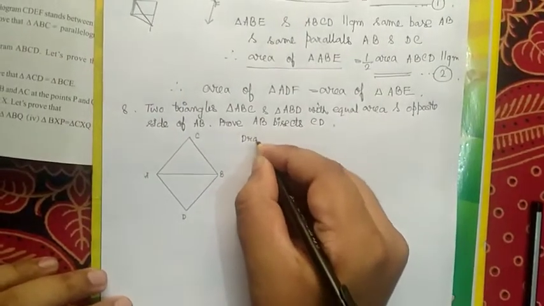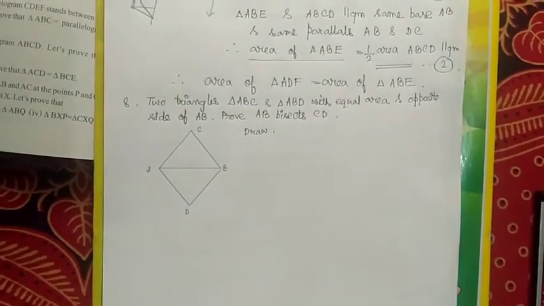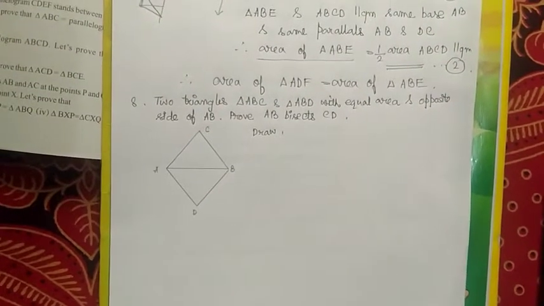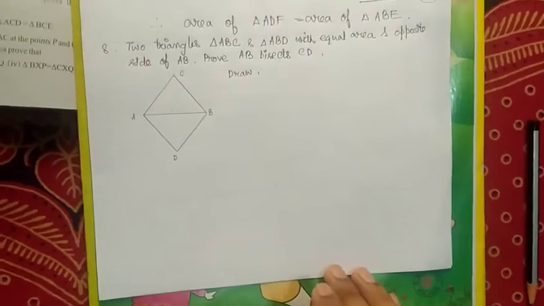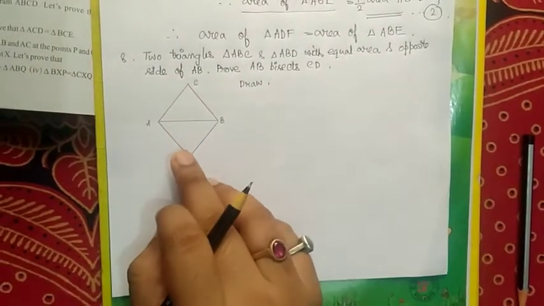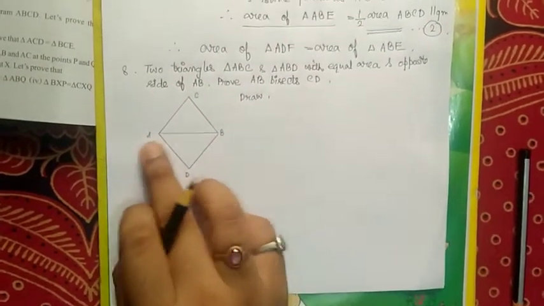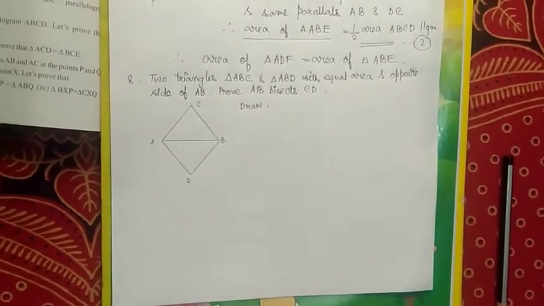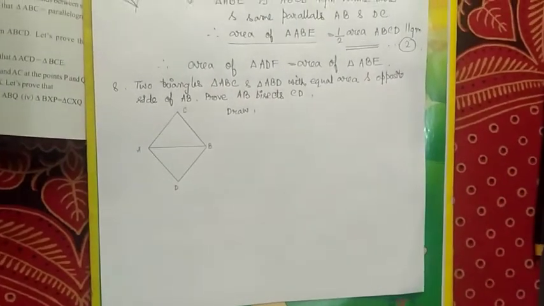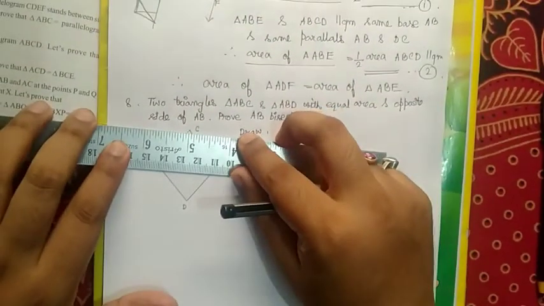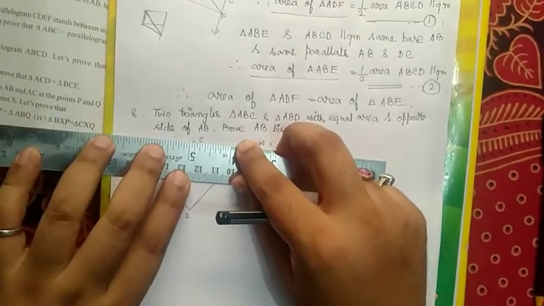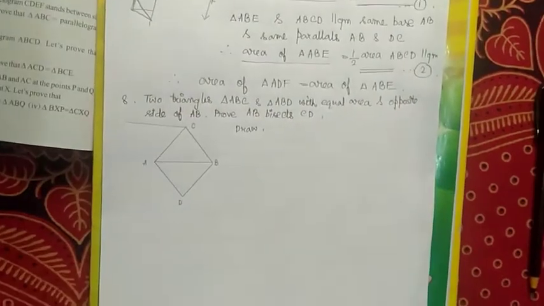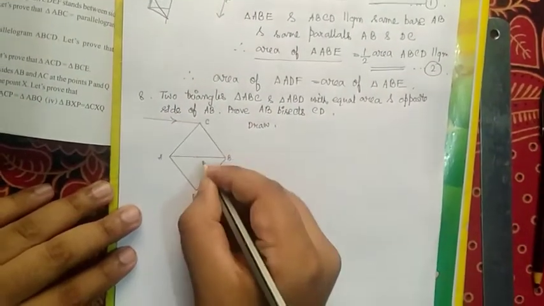First of all, we have to draw a straight line through the point A which is parallel to this AB. So we have to draw a parallel line.